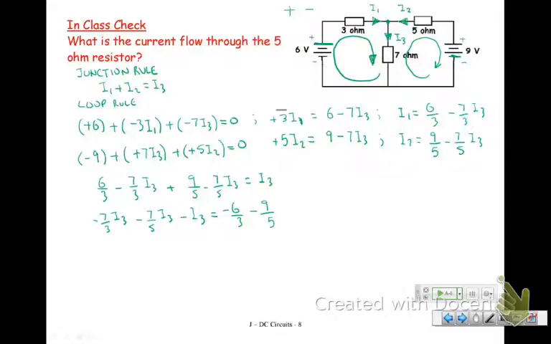I've also got 3's and 5's in the, what is it called, on the bottom, the denominator. So common base 15. So I'm going to say minus, top and bottom by 5, 35 over 15 I3, minus, top and bottom by 3, 21 over 15 I3, minus 15, top and bottom.